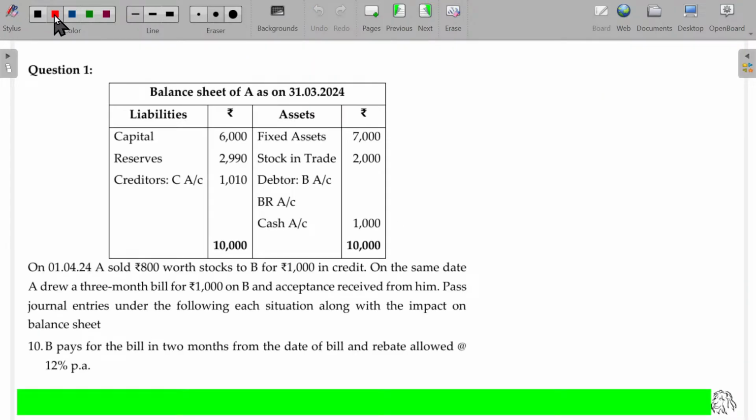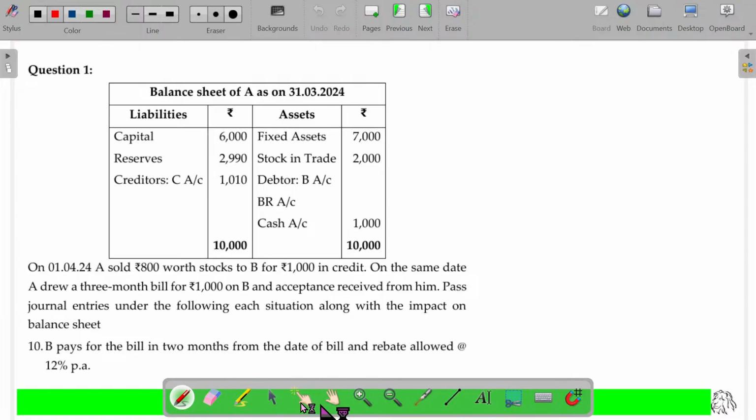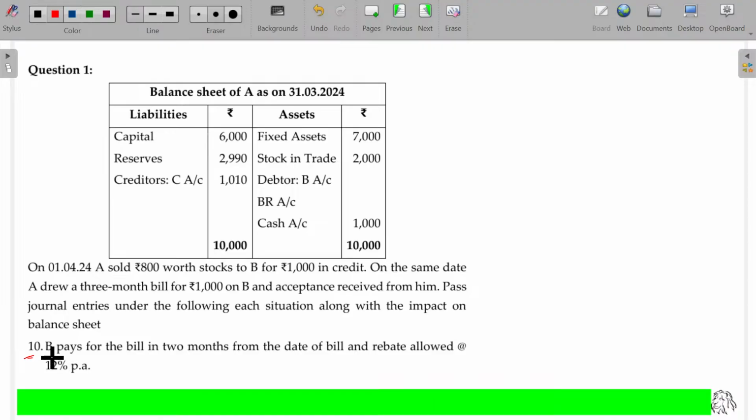Now let's move on to question number 1, subdivision 10. Here what happens, B pays for the bill in 2 months. Actually, the bill has a maturity period of 3 months. But the payer comes to us by the end of the second month itself. Sir, I will finish up paying today itself.